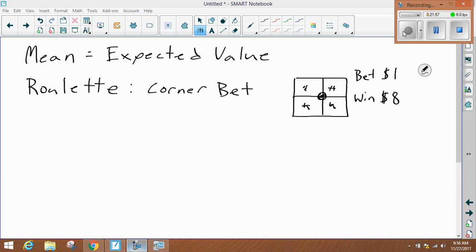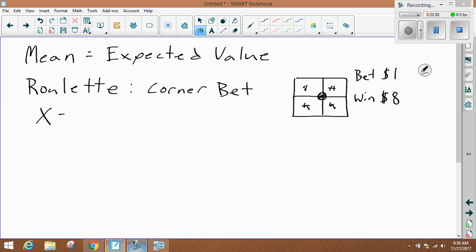So here we go. Let's go ahead and let X equal the net gain from a dollar corner bet. Cool. So what are our possible outcomes?